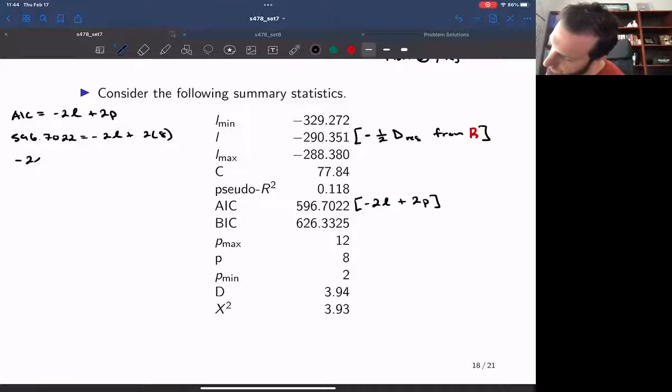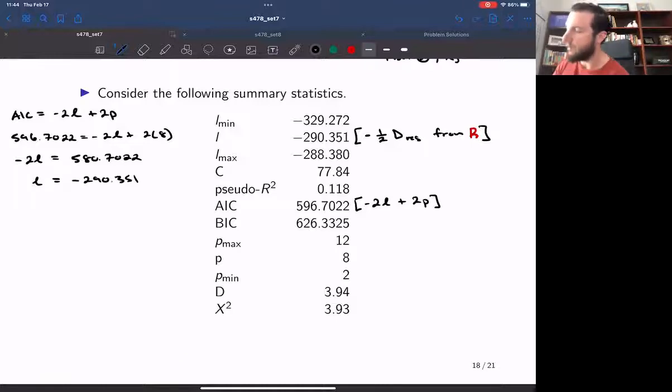So that means -2 times the log likelihood is equal to 580.7022. So the log likelihood is equal to -290.351.